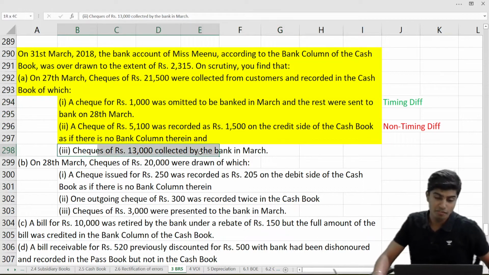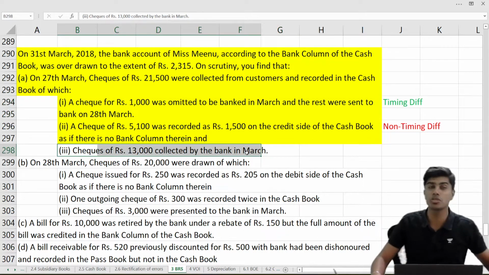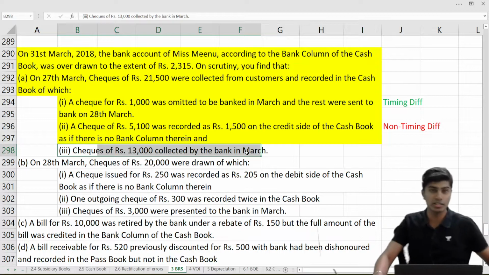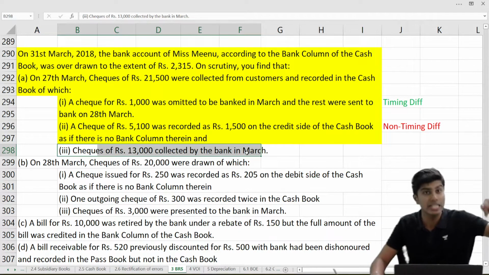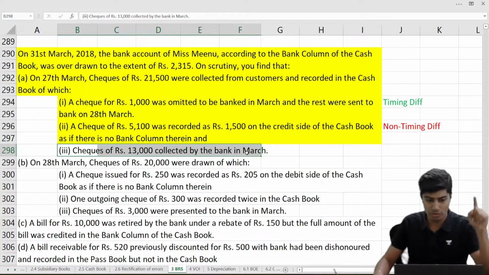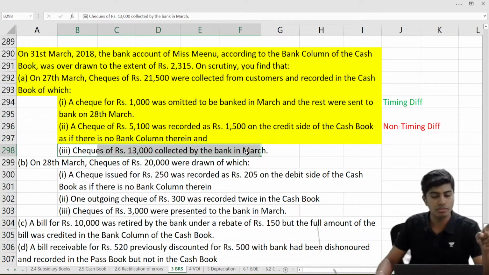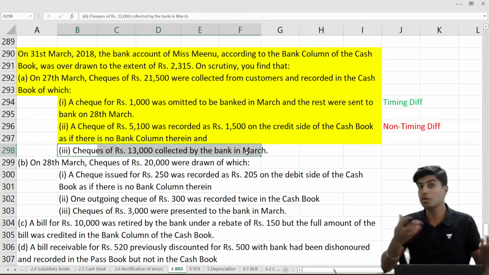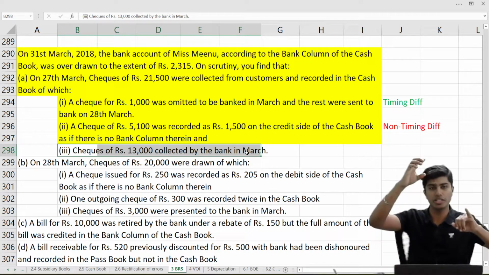Alongside with that, further 13,000 rupees worth checks which have been deposited is clear. 13,000 worth checks is clear. So how much is not clear? Simple. 21,500 minus 1,000 minus 13,000. That is the checks not cleared. So checks, because they have been deposited, cash book has increased.